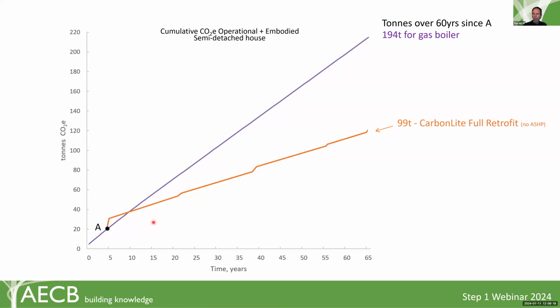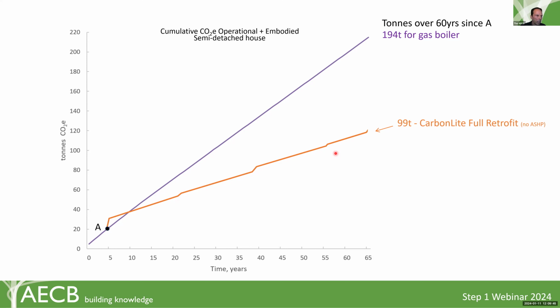There we are. So we can see little steps here, and those steps are repeated embodied CO2 from things that have to be replaced during the lifetime. And so that's full carbon retrofit. That's one of our retrofit standards. But in this case, it's without an air source heat pump, and that is a possibility in our standards.